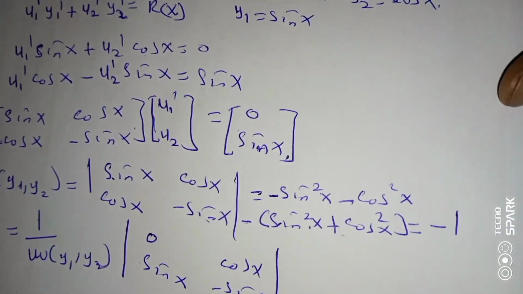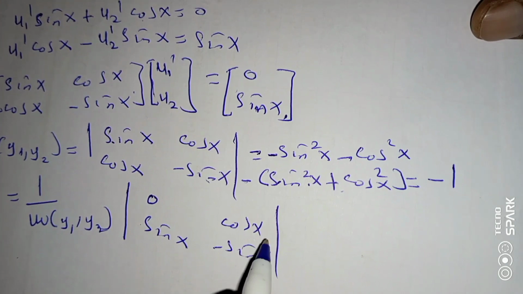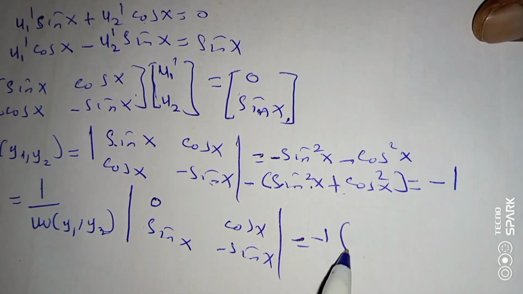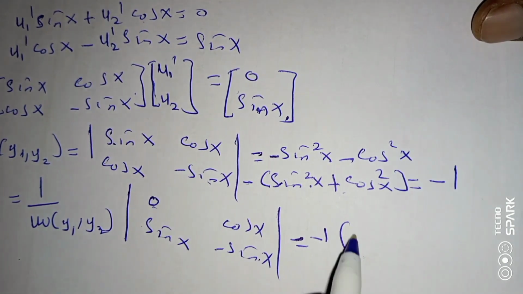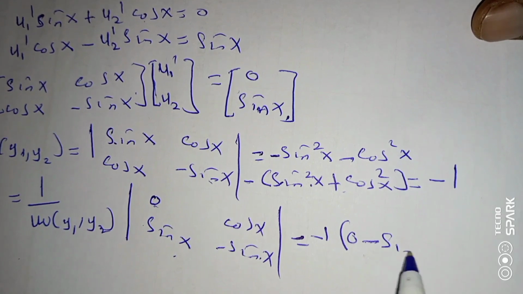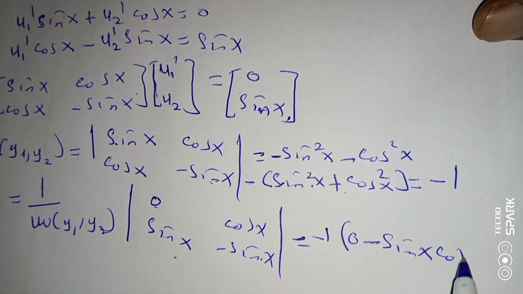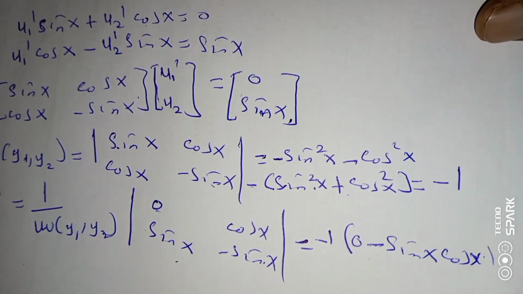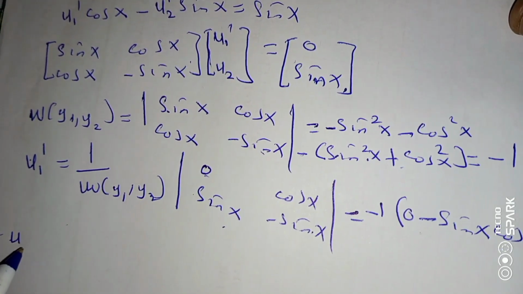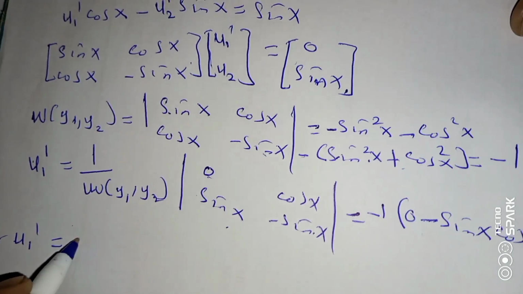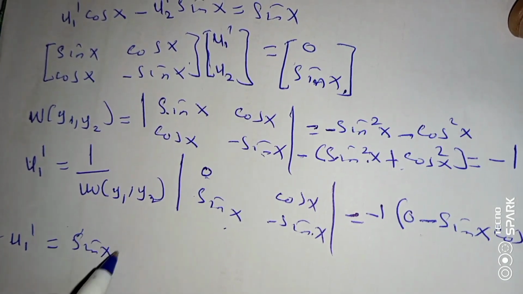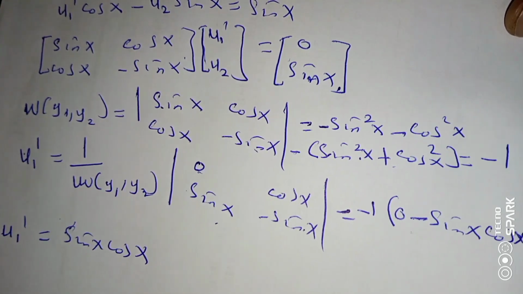We get that determinant: we shall have -1 into bracket, 0 multiplied by this will give you 0, minus sine x cos x when we multiply. So u1 prime is equal to sine of x cos of x.